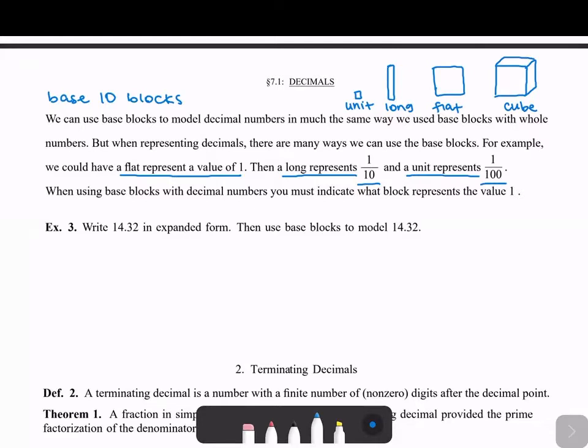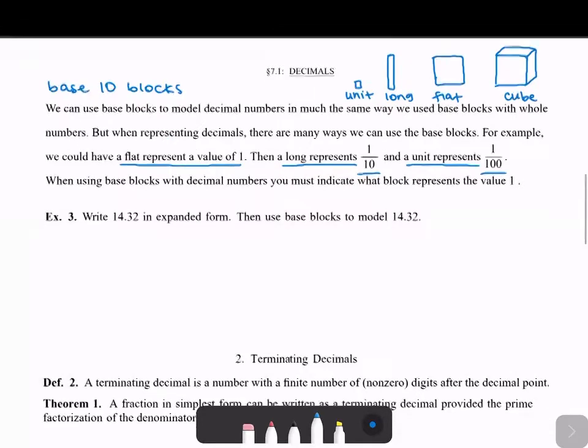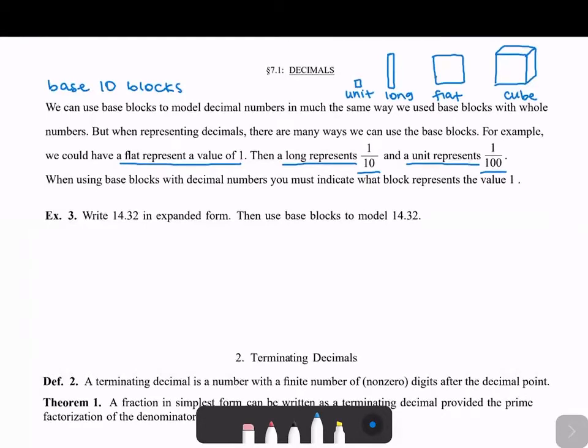Okay, so we want to write the number 14.32 in expanded form. This expanded form is going to be really similar to the expanded form that we had before. The whole number that we have here is 14.